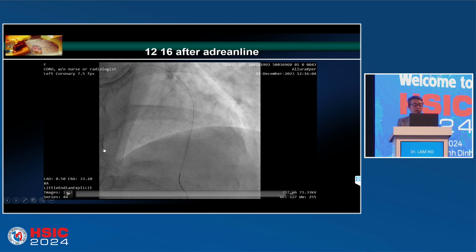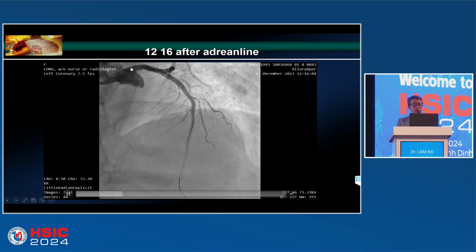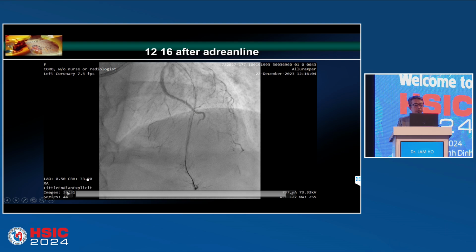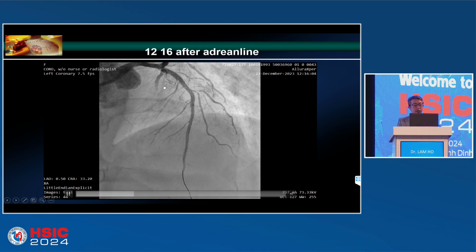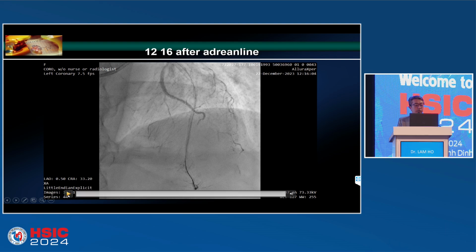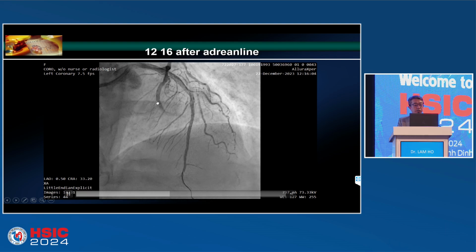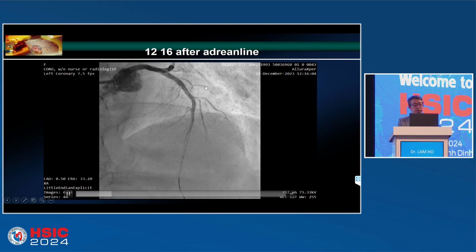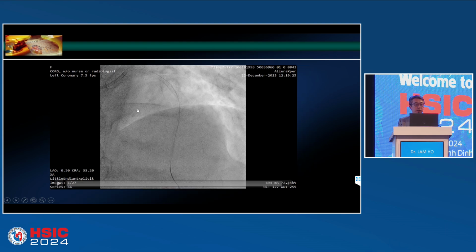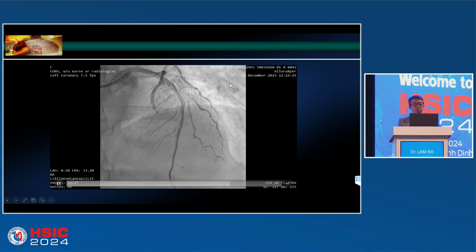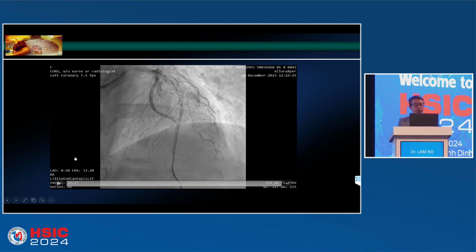So repeated adrenaline injection, everything, it seems okay. The patient's BP is stabilized a bit. You can see some movement. The flow in the circumflex was still slow. And then a few minutes later, of course, the patient is still unstable, we continue to monitor and give drugs to treat the no-reflow.